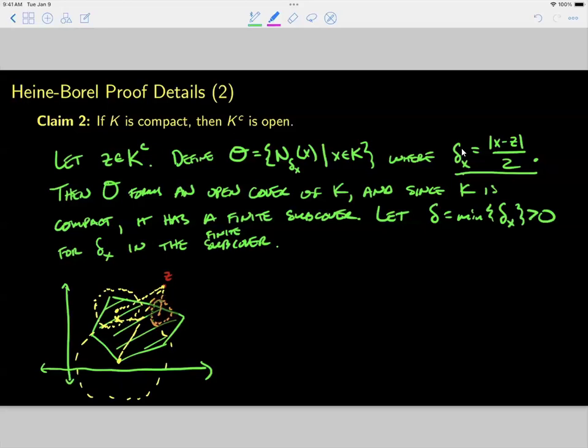Said another way, what this delta x is telling us is which of these open cover sets comes the closest to Z. That's really what I want to get at. Because now I know this one is the closest, and it only comes halfway to Z. So I can go around Z now, and I can put something of that same radius, and they're open sets. So even though it sort of looks like they're just touching each other, they're actually not intersecting because they're open at the boundary.